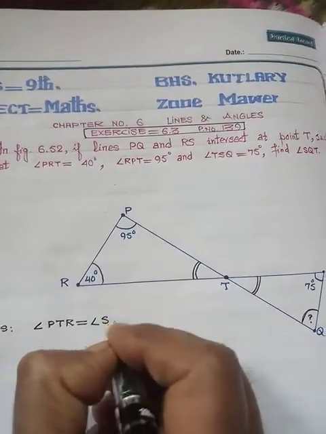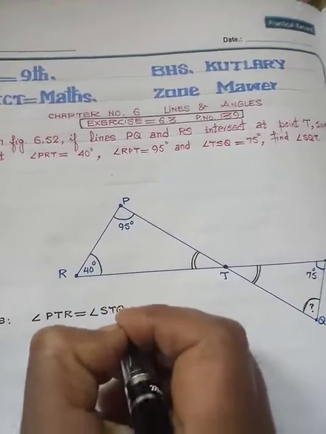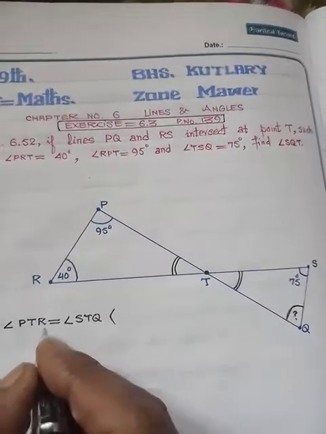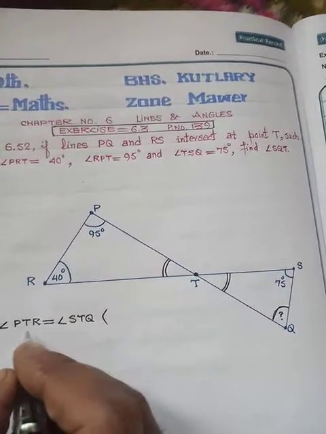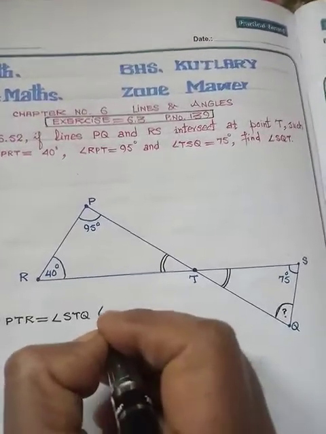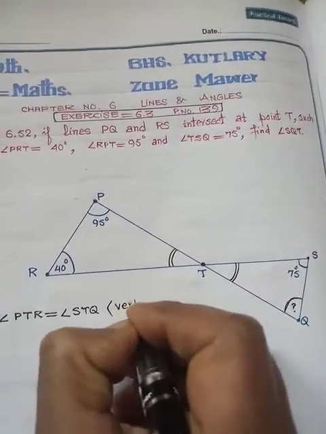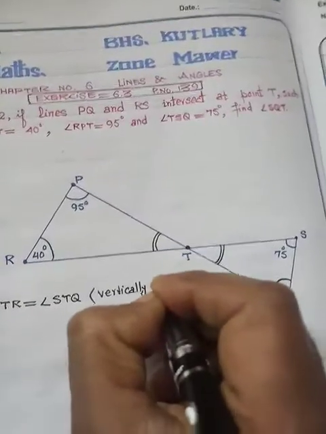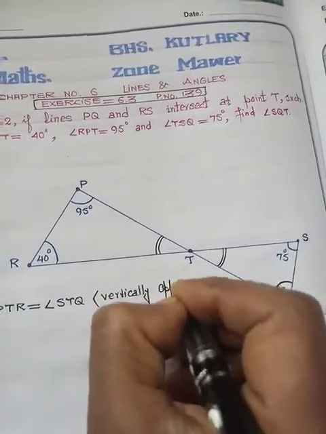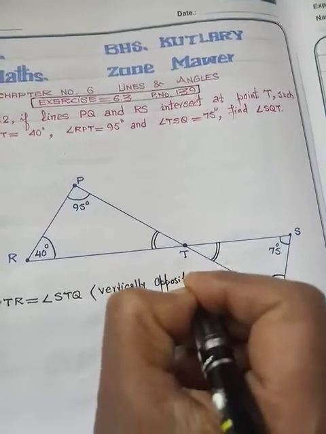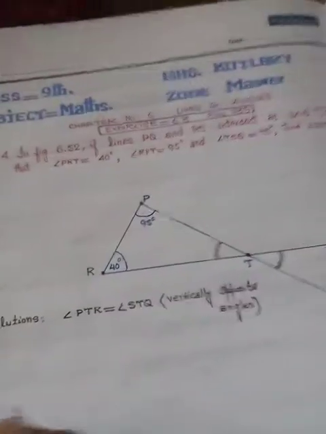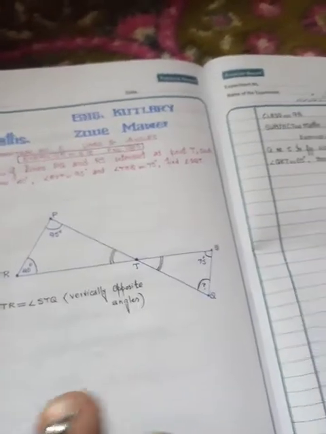In brackets we write the reason for the equality of these two angles. We write here vertically opposite angles, right?